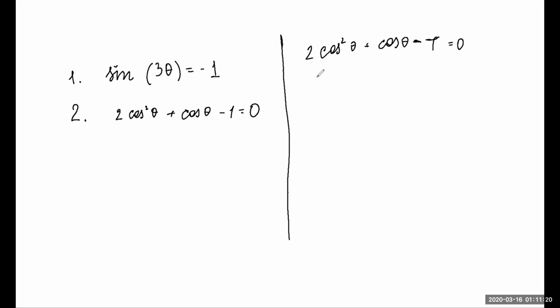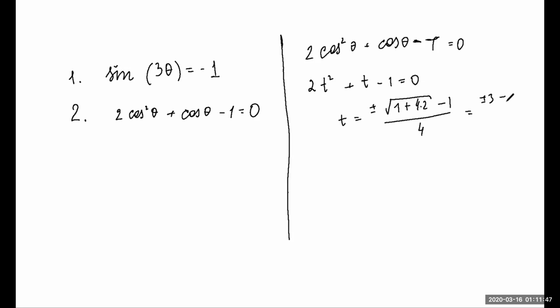I'm hoping that you tried it already. So you see that in the second equation, we have a quadratic, 2t squared plus t minus 1 equals 0, right? t equals plus minus square root of 1 plus 4 by 2, 1, 2, and 4, minus 1 divided over 4. So I have plus minus, this is 1 plus 4 plus 8, 9, so plus minus 3 minus 1 over 4.